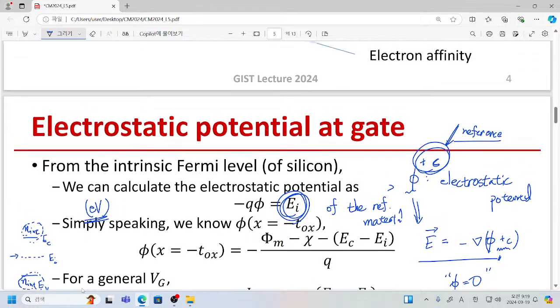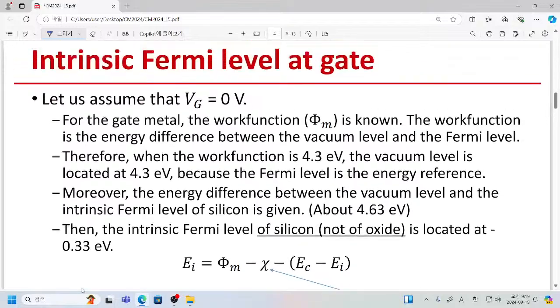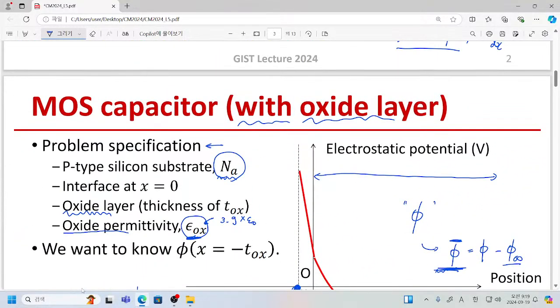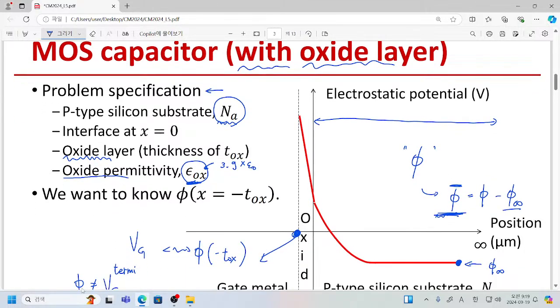So please, let's come back to our system, the MOS system. Here we have a metal oxide semiconductor system, and we have at least two different materials. What are they? One is silicon and one is silicon dioxide. So even though we have two different materials, silicon is taken as the reference material.